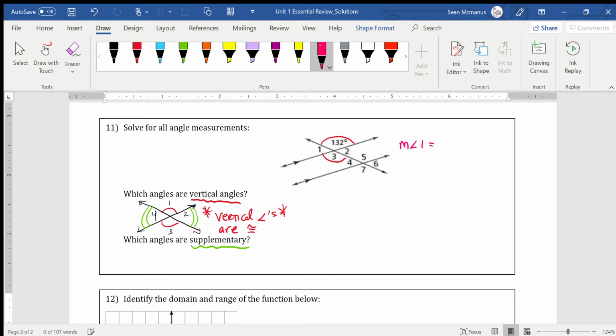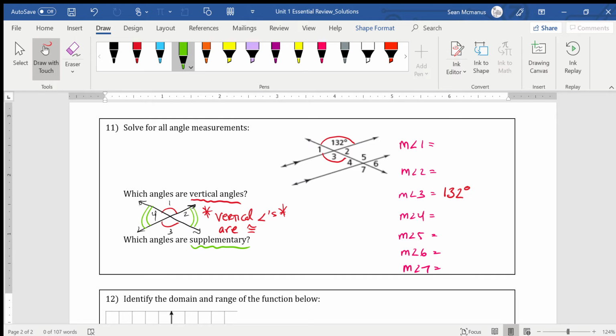The measurement of angle 3 is vertical with the 132, so I know the measurement of angle 3 already, I can tell it is 132 degrees. There's no other vertical angles that I know yet. So I'm going to focus now on the other one, supplementary.